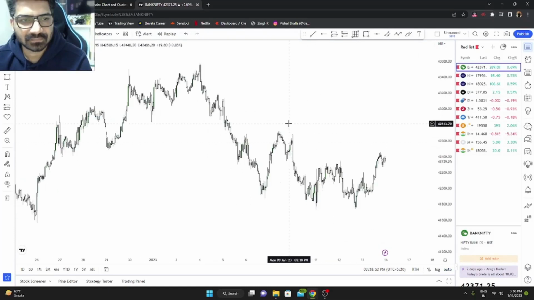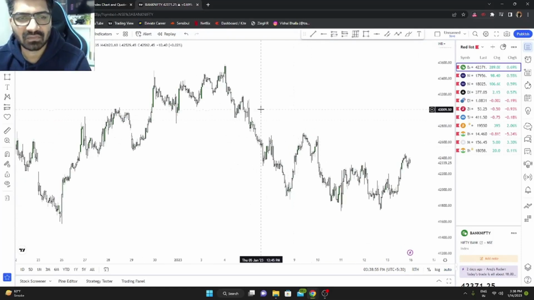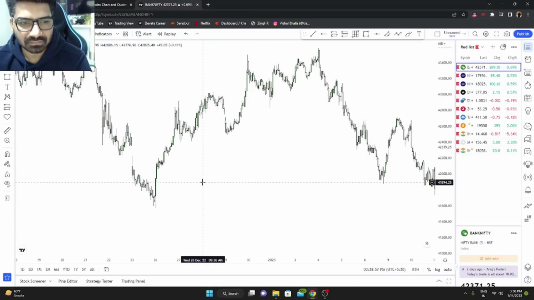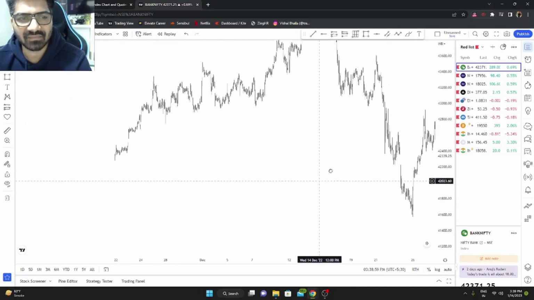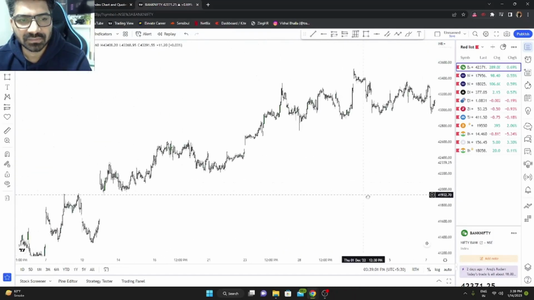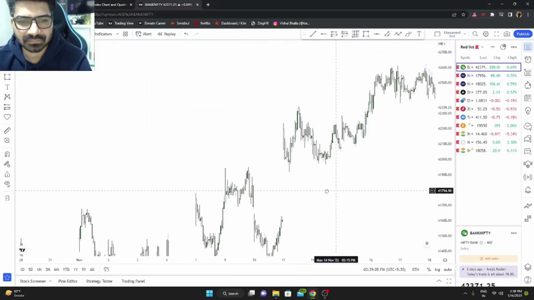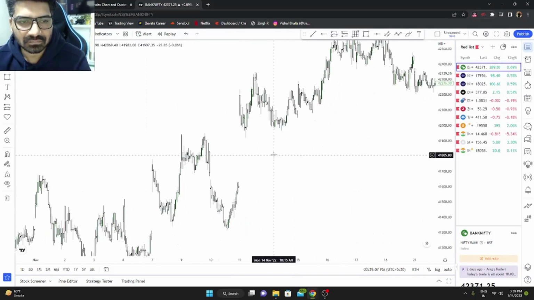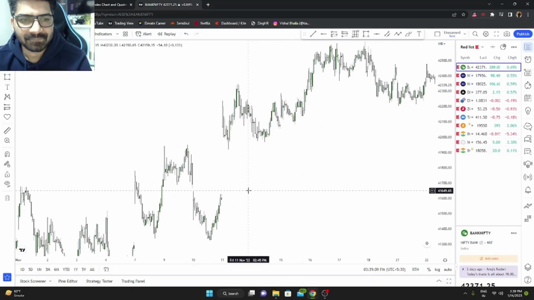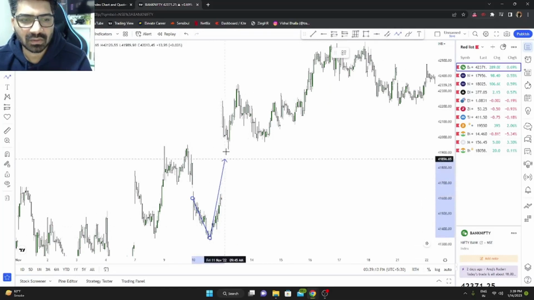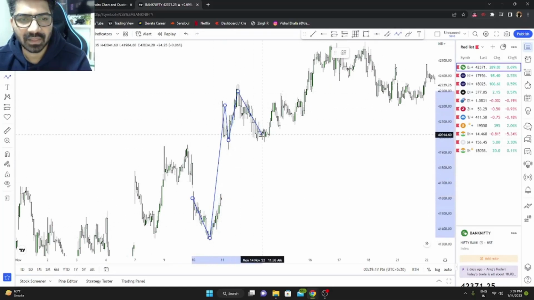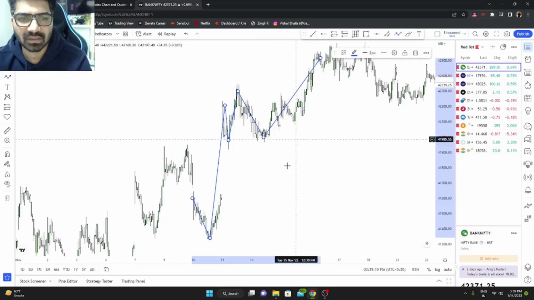So let's see a few examples of demand zones from where the prices have moved up, right? Let's mark this area. See, the market went up, came down, went up, came down, and it's going up, right?